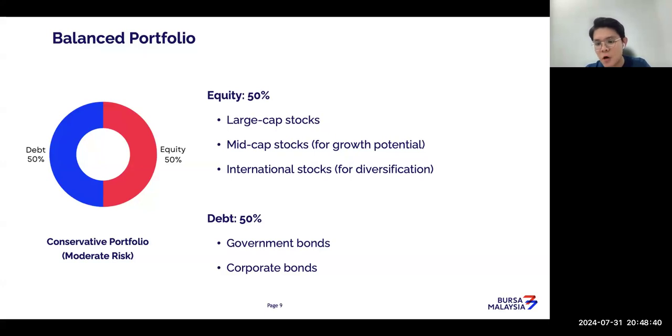The debt portion is split into government bonds for safety and corporate bonds for higher yield. This portfolio is suitable for investors with moderate risk tolerance who want a mix of income and growth.